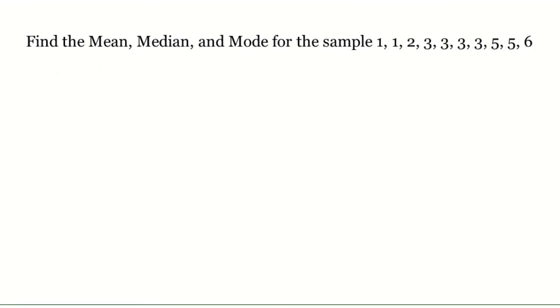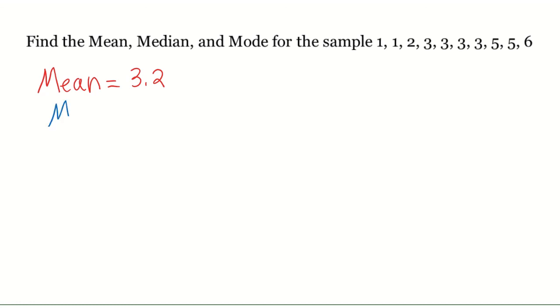So now that we have calculated the mean, median, and mode for the sample, let's take a look at how they relate to each other so we can just visually see what they look like. So the mean for the sample, we got 3.2. This is the center value or average.